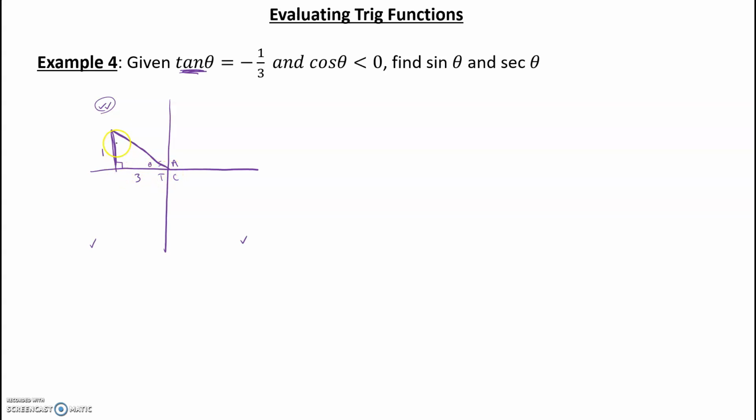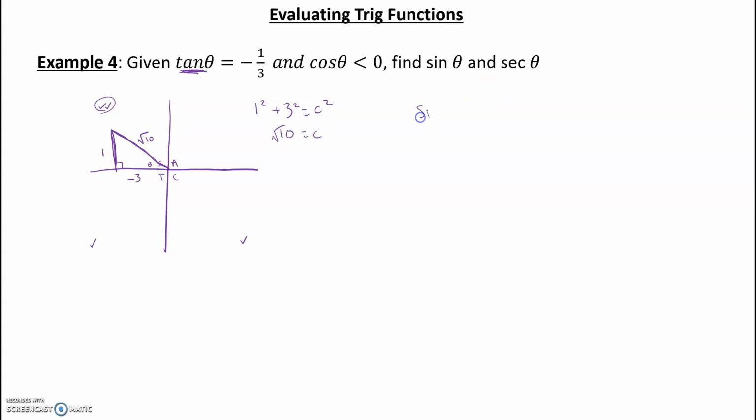It's a -3 and a +1. Opposite over adjacent. Now we can use Pythagorean theorem. A squared plus b squared equals c squared, and we're going to find that missing hypotenuse. So here, 1 and 9 makes 10, and we want the square root of 10. It's the same as the one before.